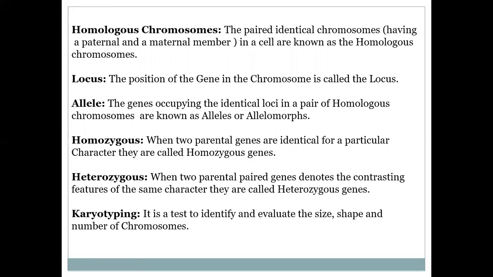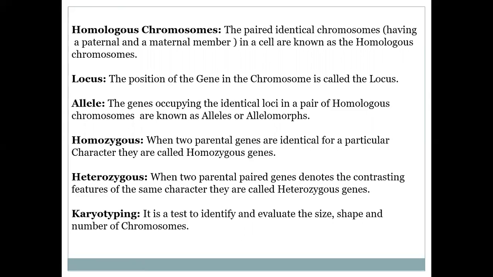But if it is brown hair color and golden hair color in the case of foreign parents, that means it is heterozygous. Heterozygous is when two parental pair genes contain different characters. But if it is an identical character for a particular character, that is a homozygous gene.